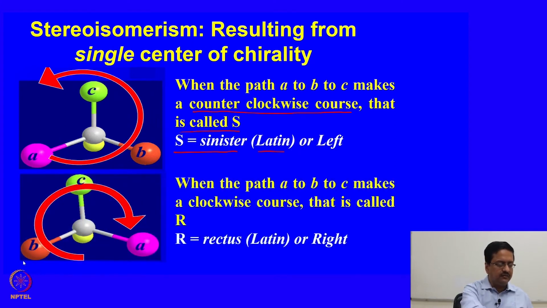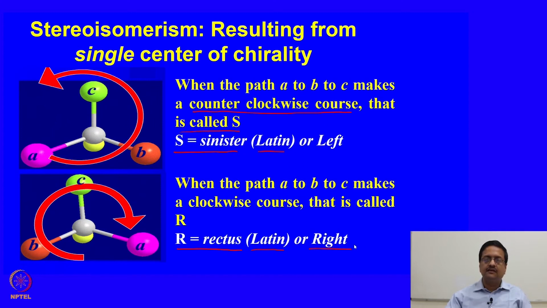If I take the second molecule in the same orientation, what you can see is that 1 to 2 to 3 is now a clockwise rotation. 1 to 2 to 3 being in clockwise rotation, we call it rectus in Latin, which essentially means right.